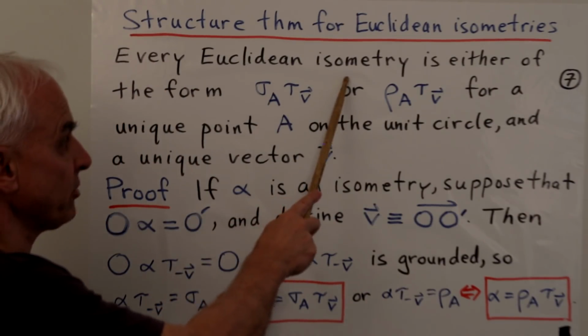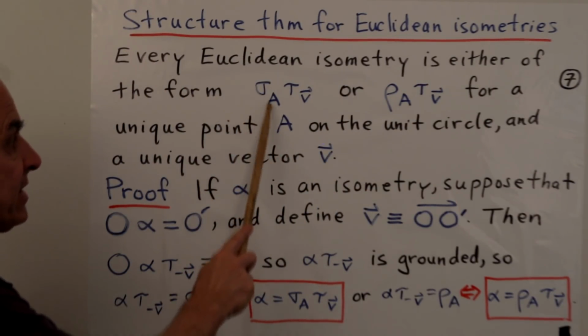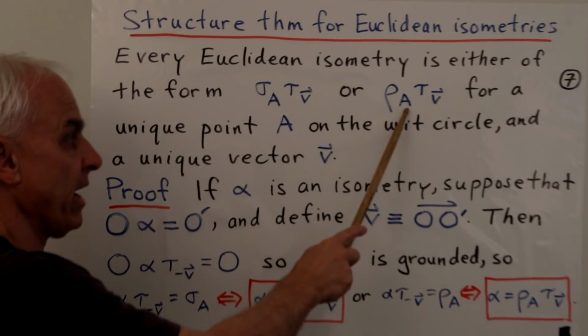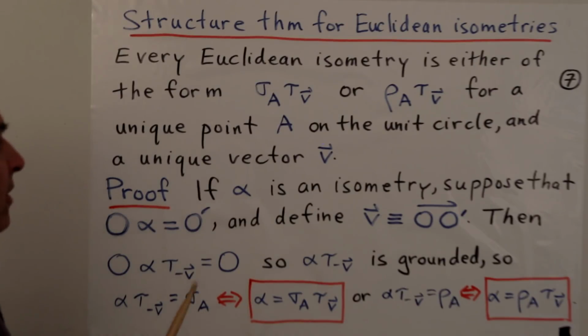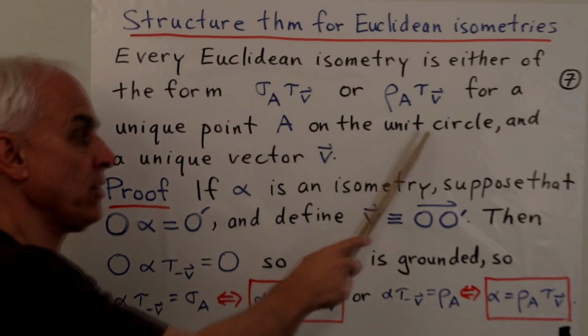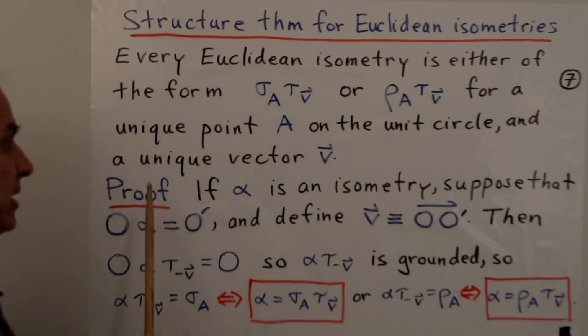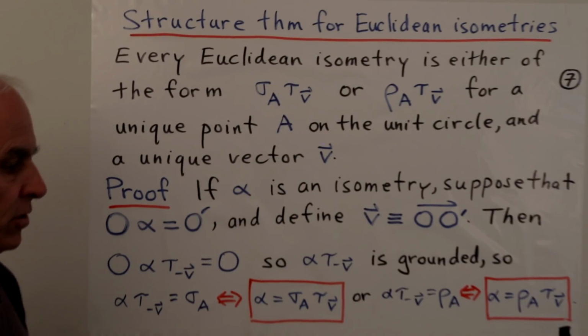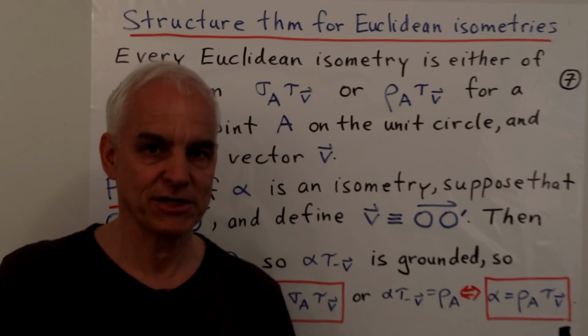Every Euclidean isometry is either of the form sigma a tau sub v or rho sub a tau sub v for a unique point A on the unit circle and a unique vector v. So there's two types of isometries.